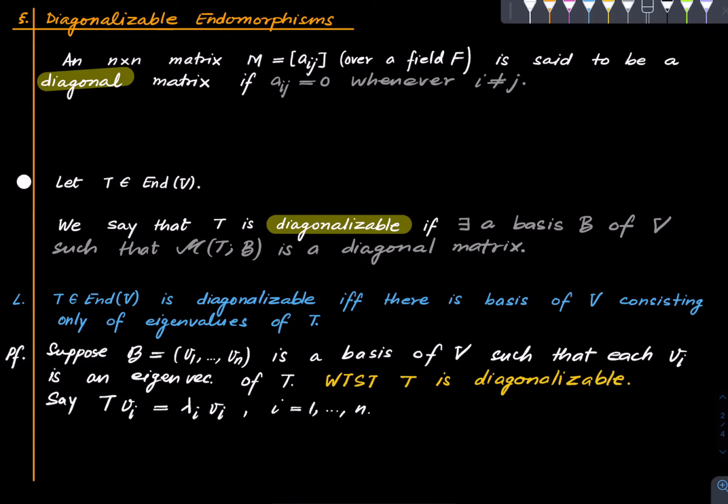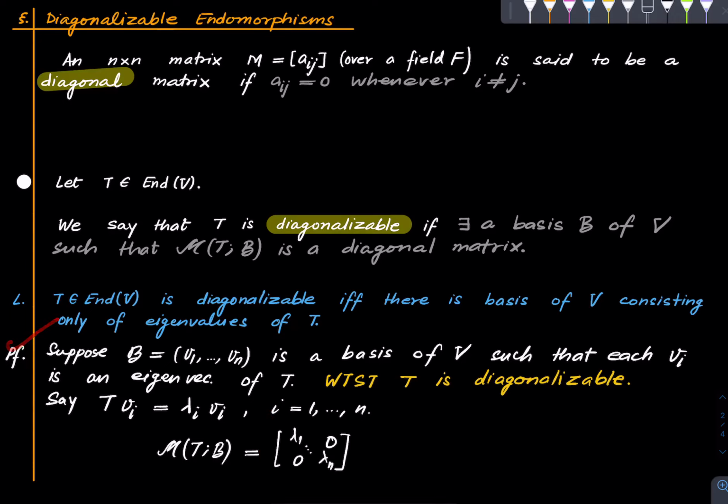This is legitimate because each v_i is an eigenvector, so for each i there is some lambda_i for which this equation holds. And now the matrix of T with respect to B would look like only lambdas on the diagonal, everywhere else 0. So that's clear, and therefore T is diagonalizable. And you can just retrace this to prove the other direction.